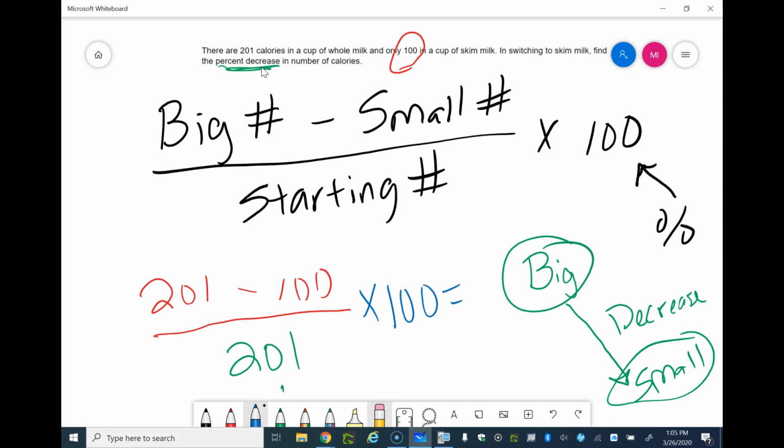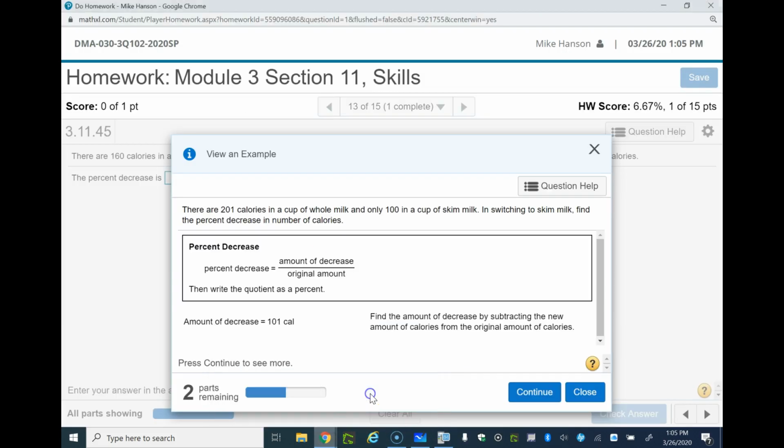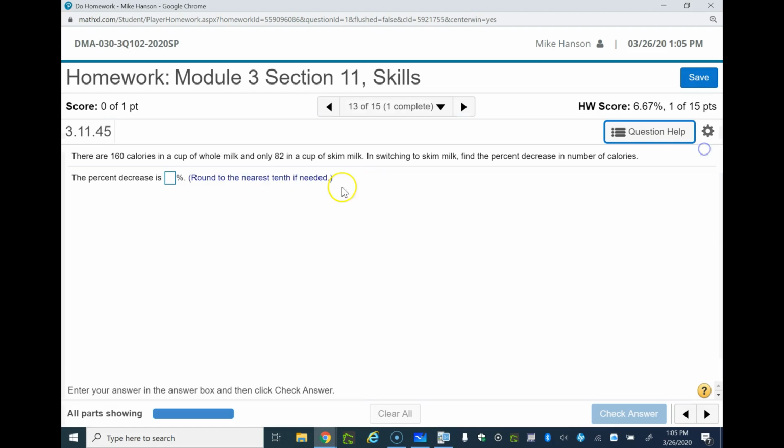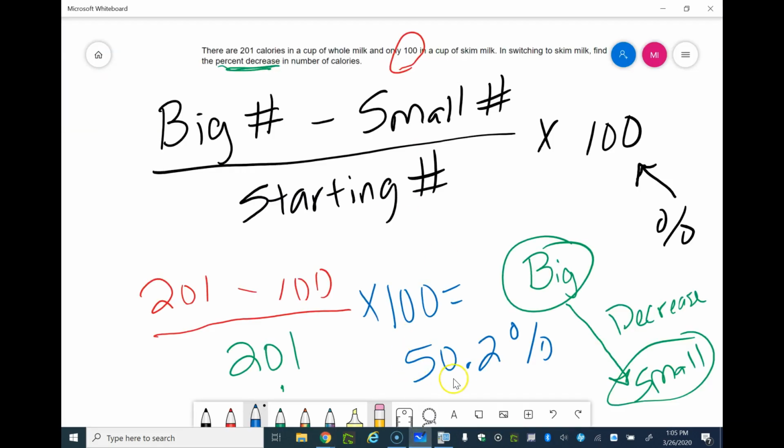Multiply this by 100, and once we do the math, we get 50.2%. And the reason why I put one decimal place is because I think the word problem says we're going to round it to the nearest tenth spot. The tenth spot is one place behind the decimal.